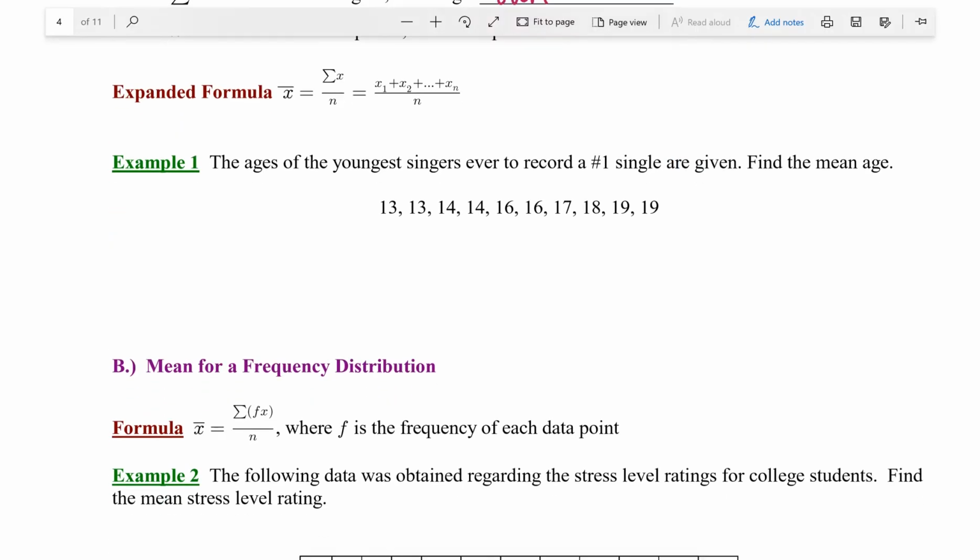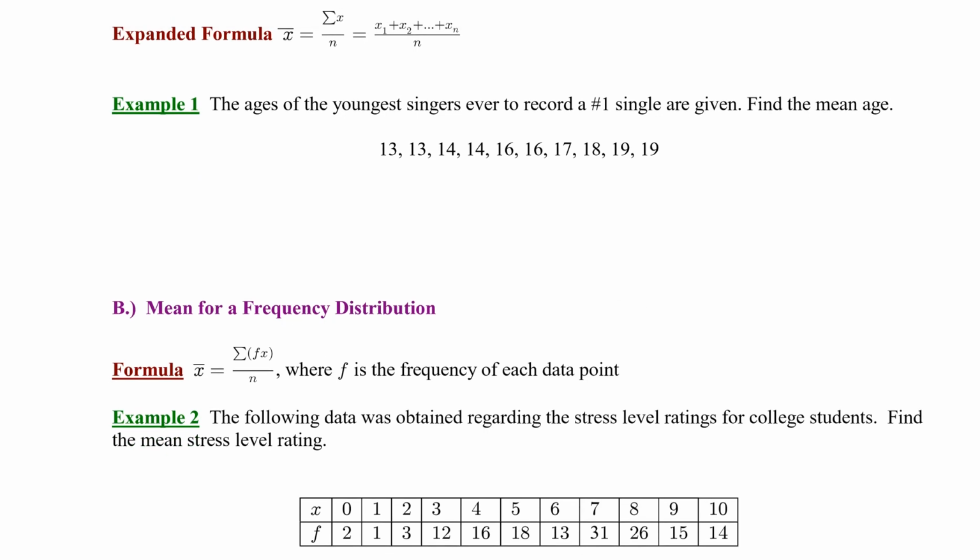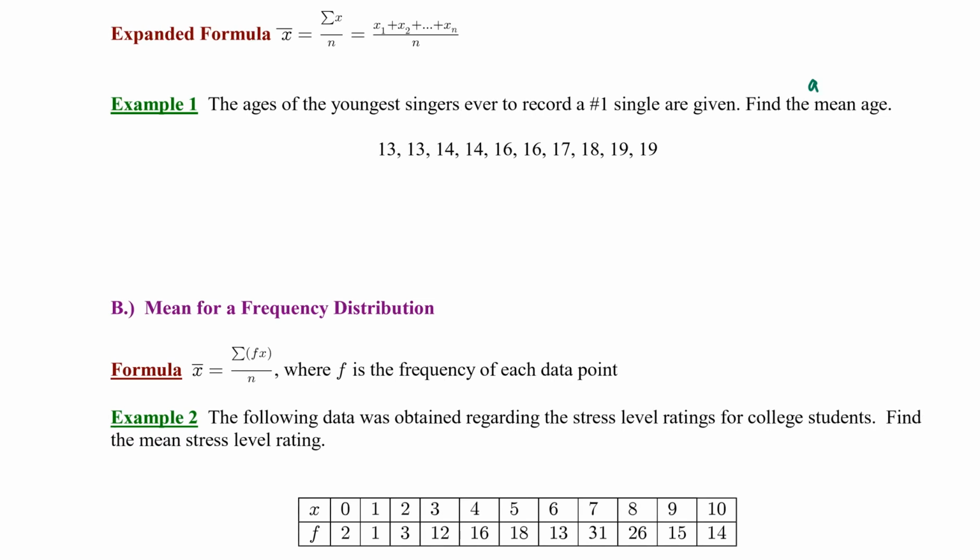Example 1. The ages of the youngest singers ever to record a #1 single are given below. Find the mean age. Remember, mean is another word for average. So the mean age, which we'll call X bar, is going to be the sum of the data points divided by the number of the data points.